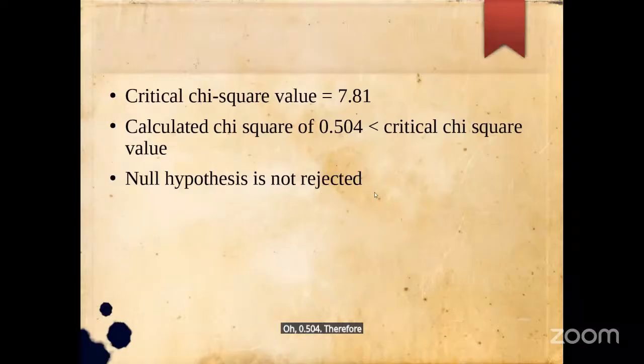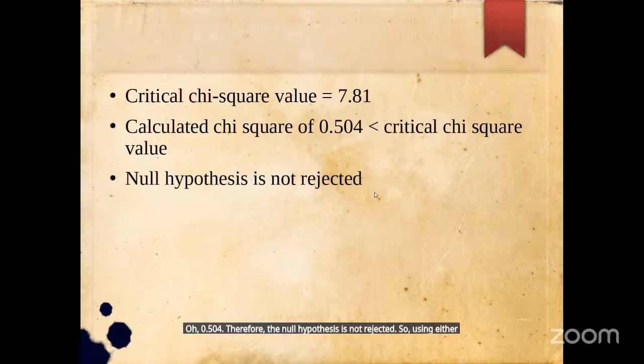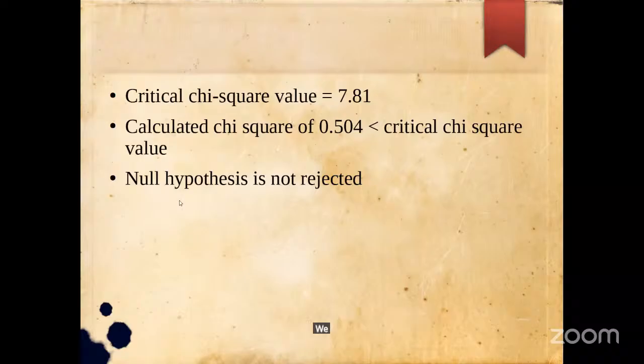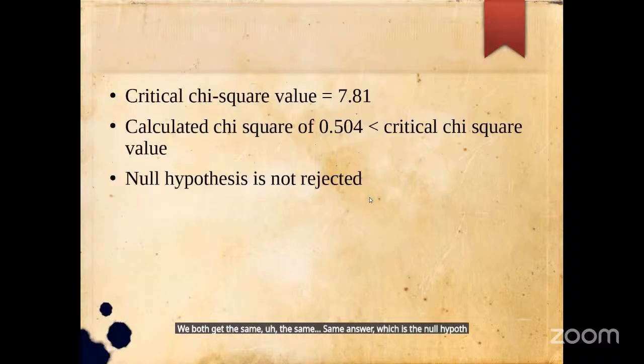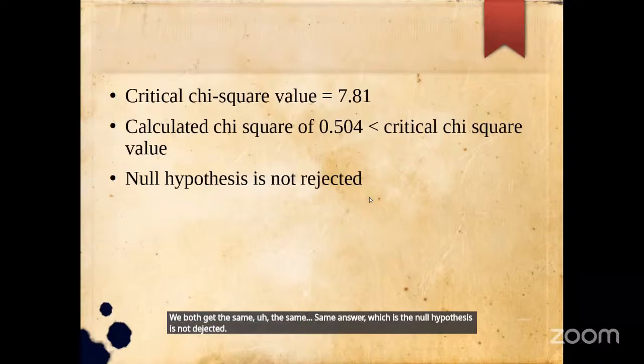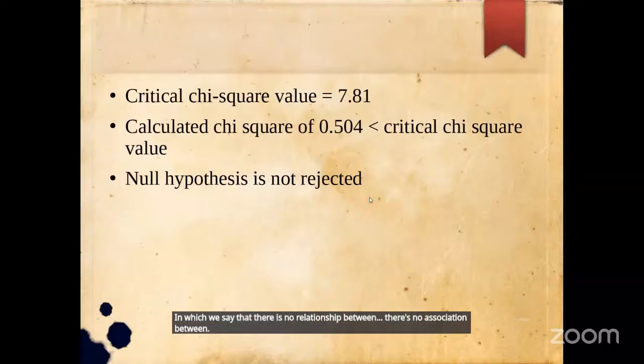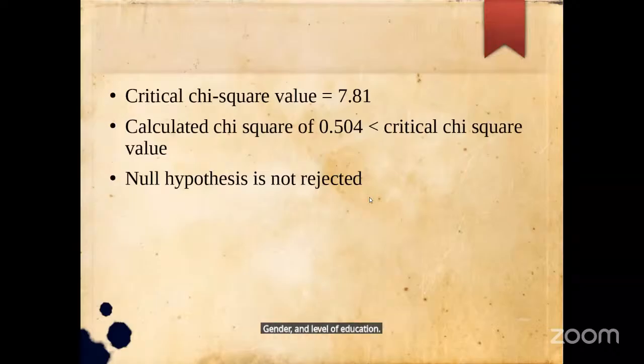Therefore, the null hypothesis is not rejected. So using either the automatic programs or the manual way, we get the same answer: the null hypothesis is not rejected, meaning there is no association between gender and level of education. Okay, hope that is clear up to now.